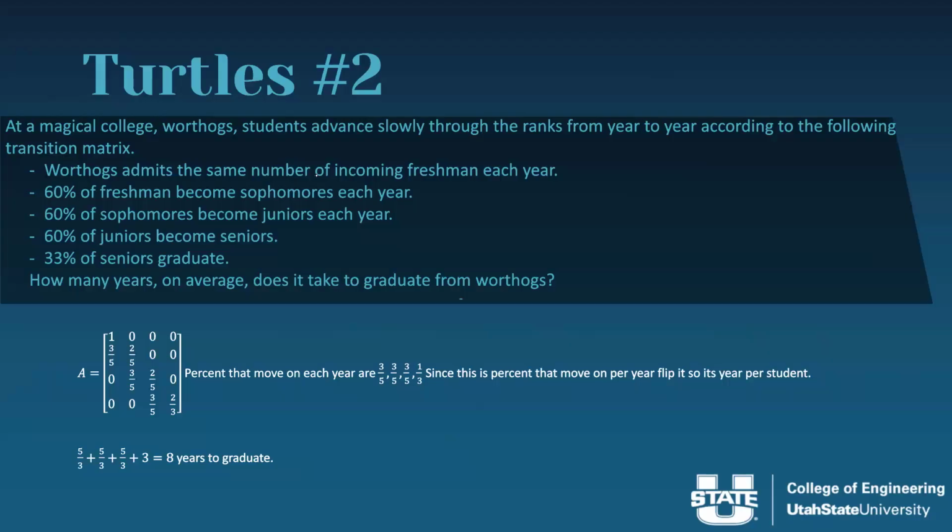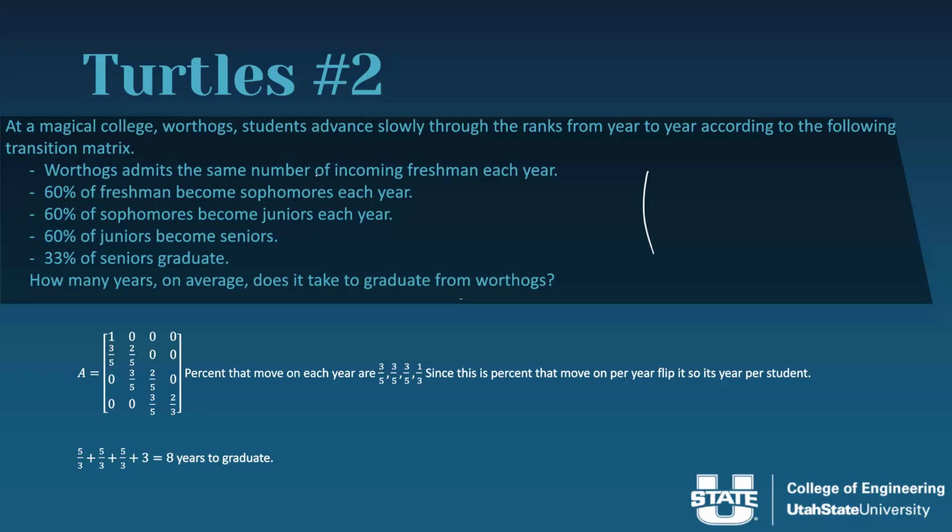Okay, so we're back at warthogs. But they have found through studies that they know how many students transition from freshman to sophomore to junior to senior, etc. So pretend you can't already see the matrix.